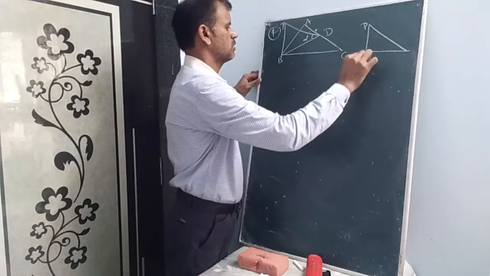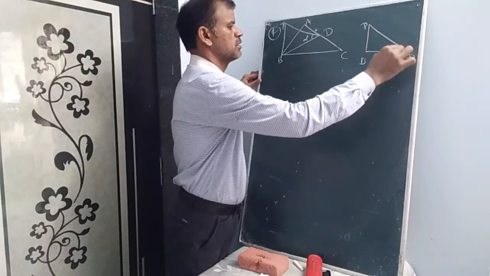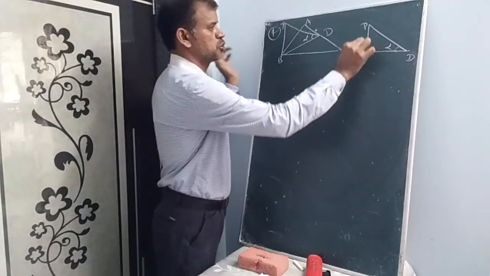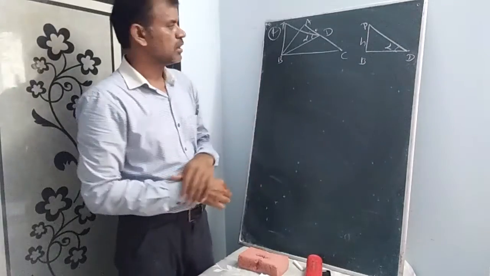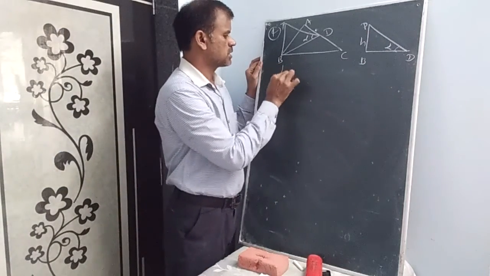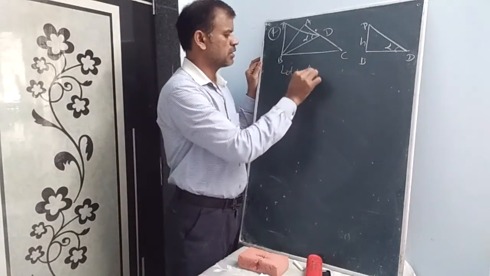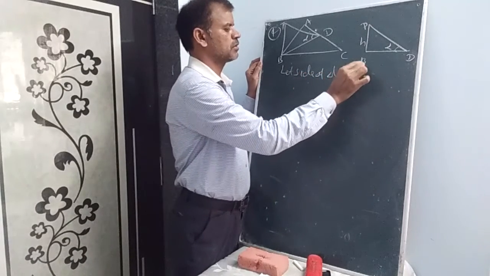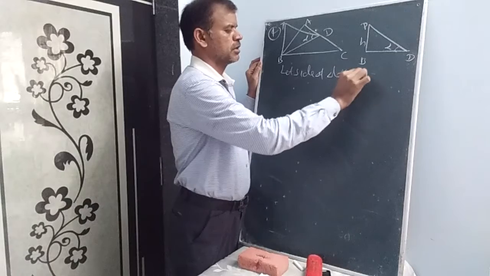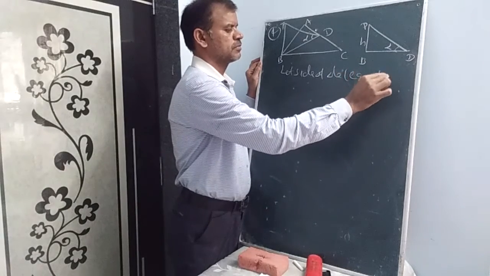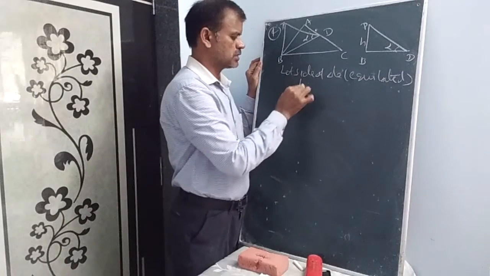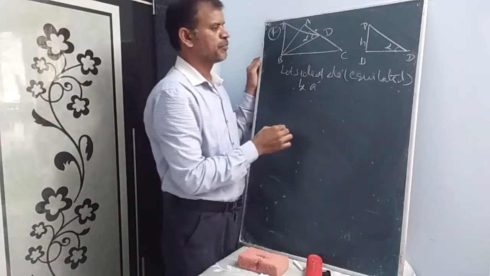Put here P. This is B. This is alpha. Let H be the height of the tower. Let the side of the equilateral triangle be a, because all sides are equal.